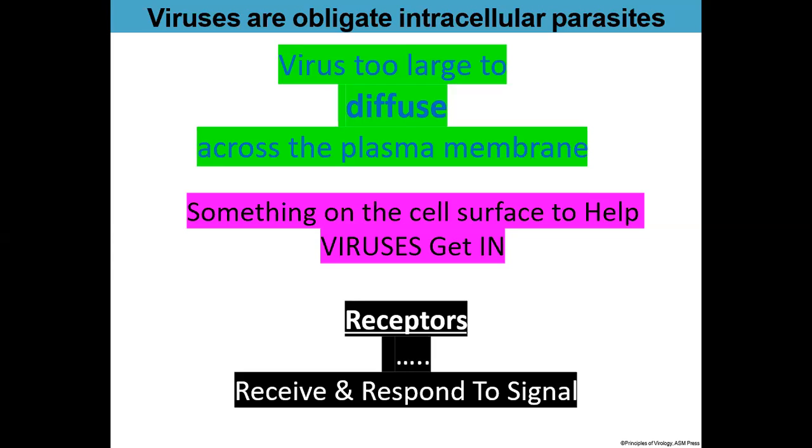Sometimes they need to have access to the cytoplasm. So that's why we will study what are the different strategies employed by the viruses to get attachment and to get inside the cell.